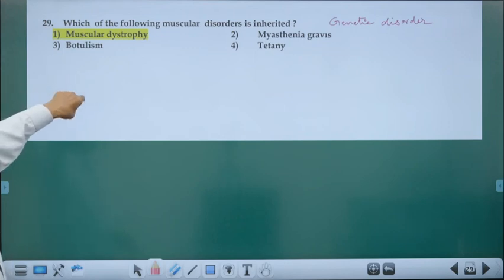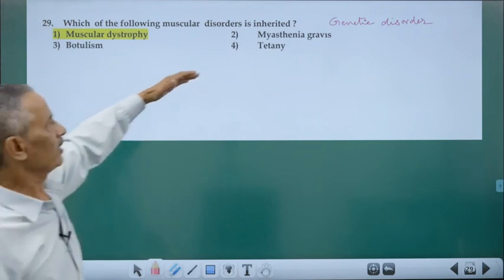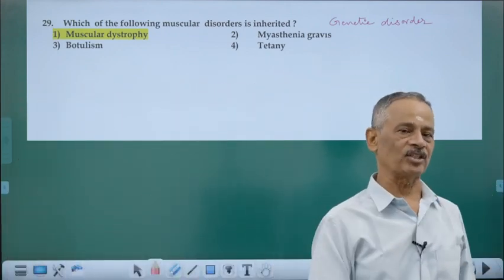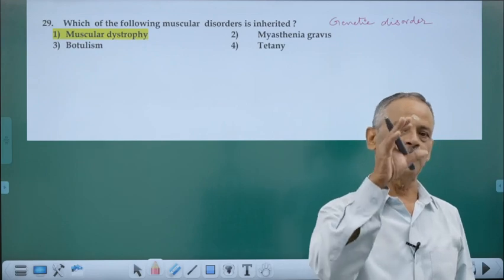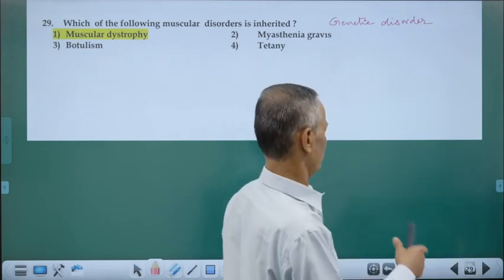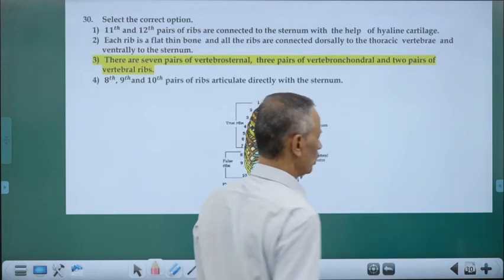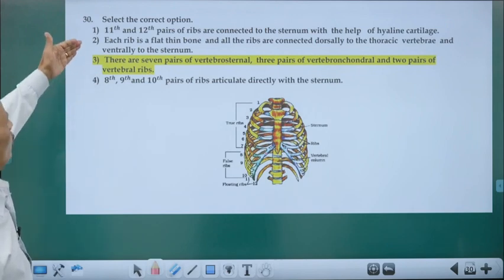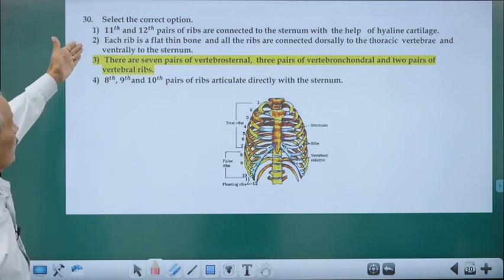Clostridium botulinum causes botulism. And tetany. Tetany is hypocalcemic tetany. A low level of calcium will cause irregular spasms. That's called tetany.